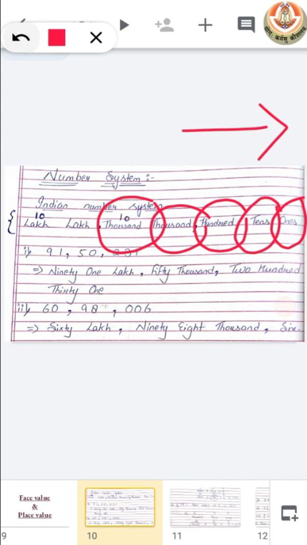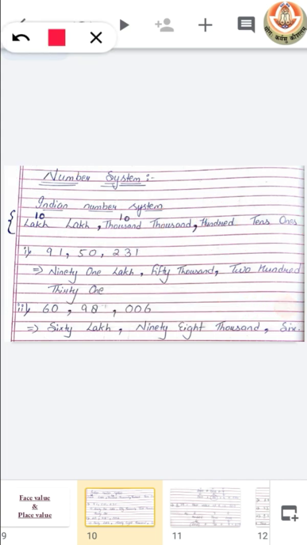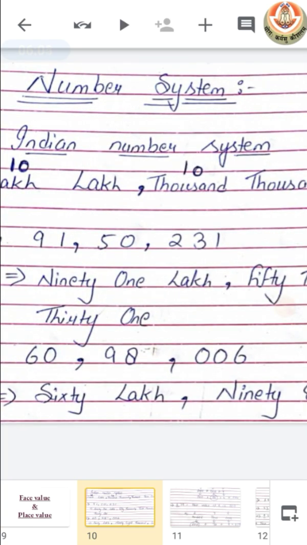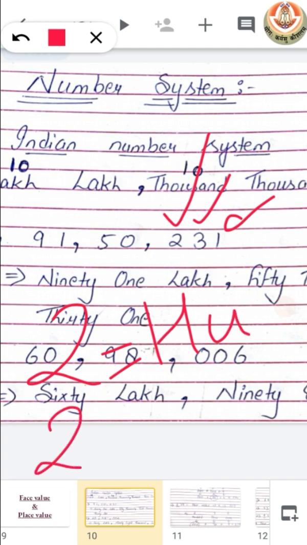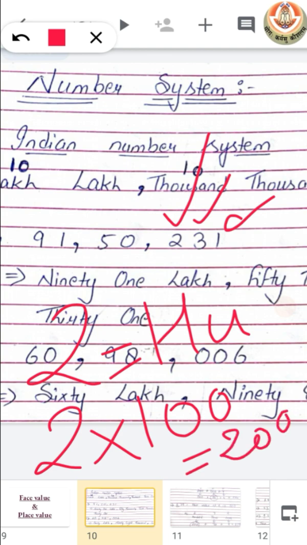That means if we are given a number and we have to find out the place value of 2 in this number, we know that we have to start from the right hand side. So it is ones, it is tens, it is 100. That means the place value of 2 is 100. So we have to write it as 2 into 100 is equal to 200.